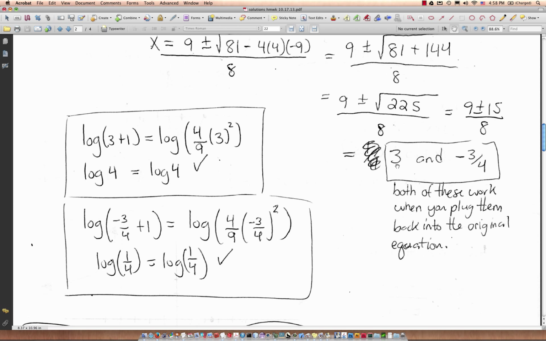It turns out that if you put both of these values into the logarithms, you never get a negative argument. They're always positive for the argument. And so you get something that actually works. And so both of these are valid solutions to the equation.